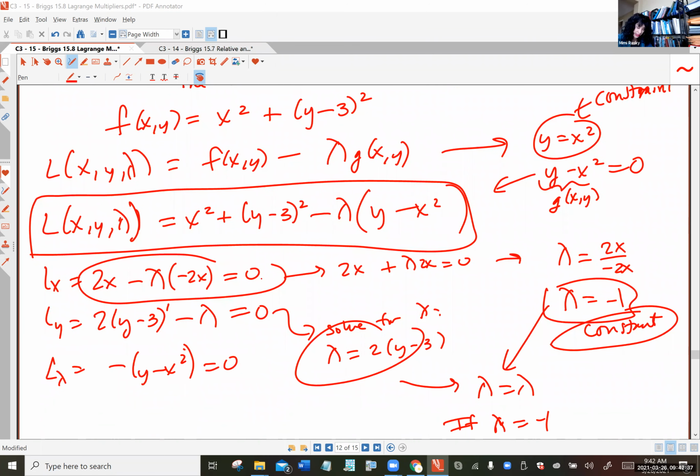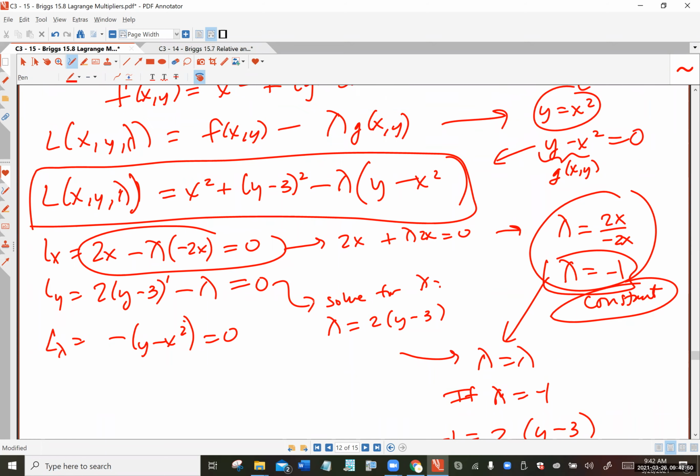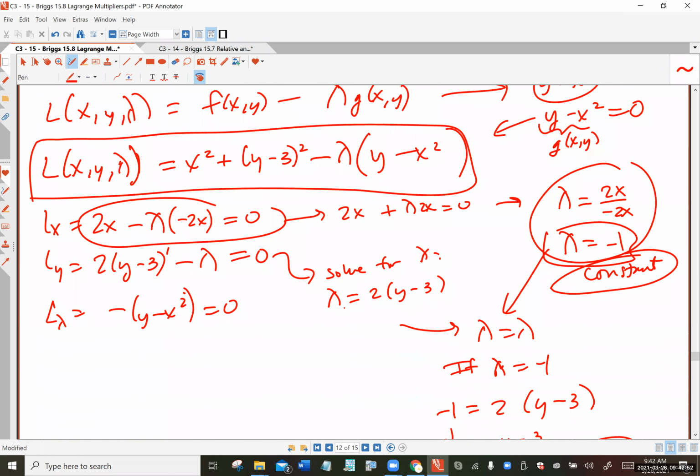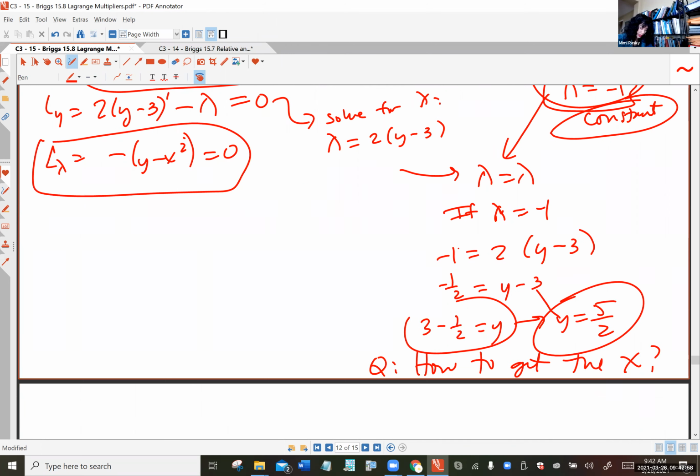Well, when I did Lx, though, I got lambda is equal to 1. So how's that going to help me get my x? Can you use L with respect to lambda? As you plug in the y. Yeah, you use the constraint, which is basically the key right here. So you're going to go like this.